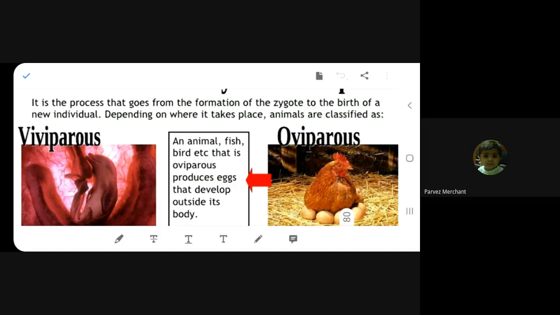Now, if I ask you, what is the other name of larva? What will you answer? What is the other name of larva, beta? How do we call larva?